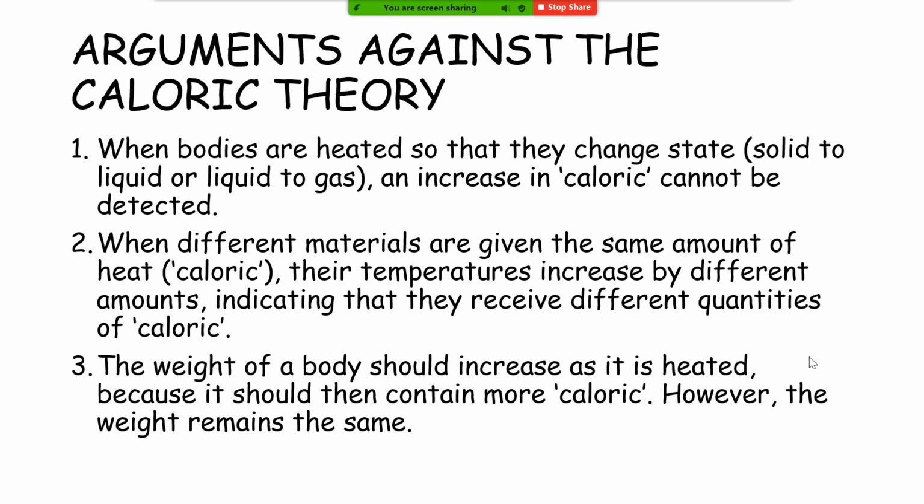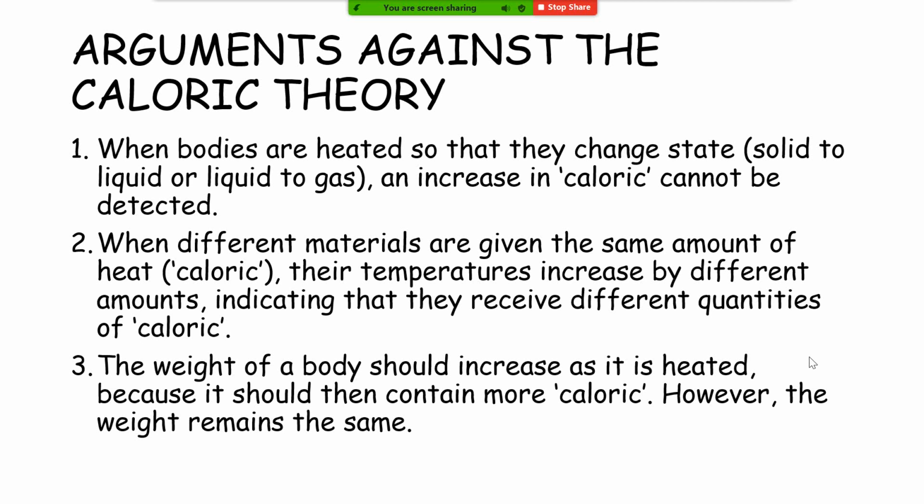Because what the caloric theory is really supposed to say is that despite having two different types of materials, you should have the same increase in temperature. There should not be a difference in temperature. But from this, we're seeing that if you heat a piece of metal and a piece of rubber with the same amount of heat, the temperature is going to increase in one more than the other, right?